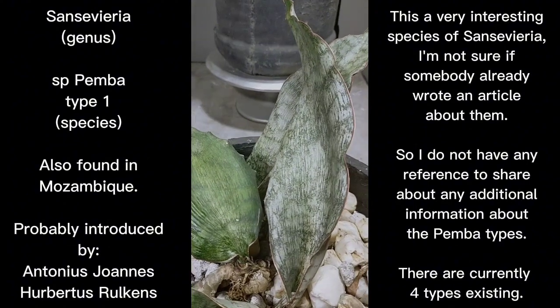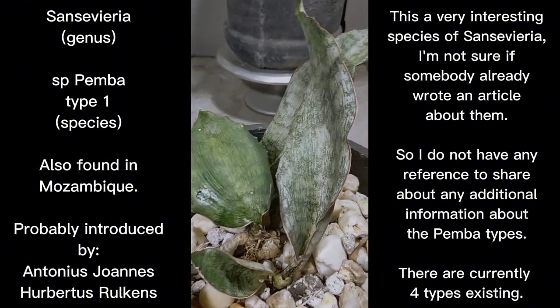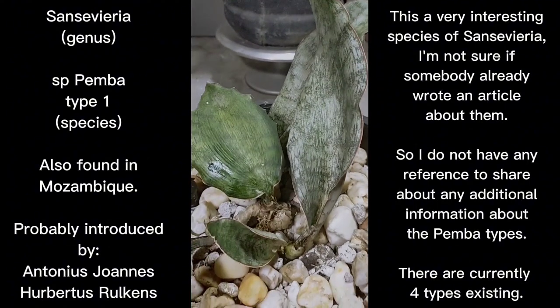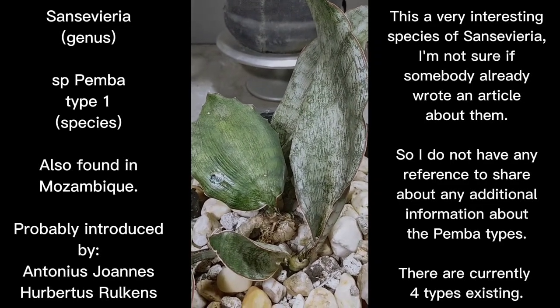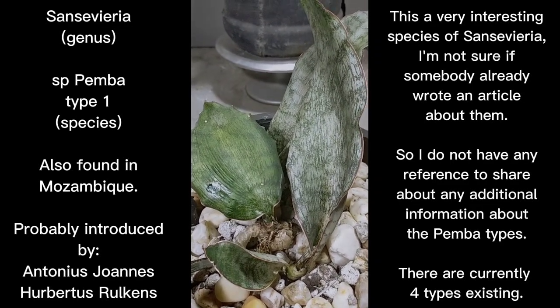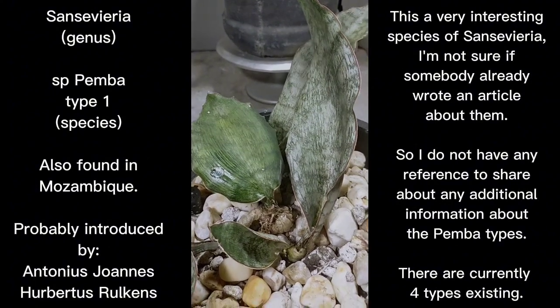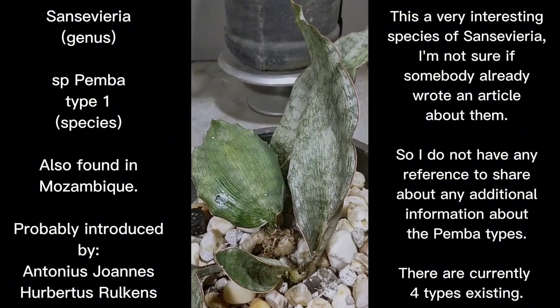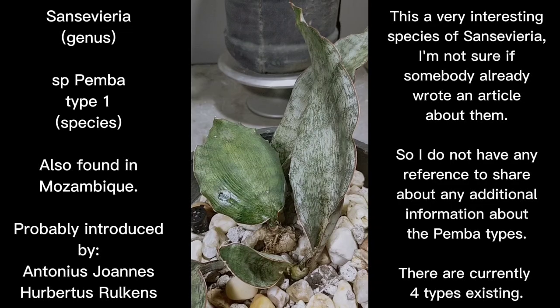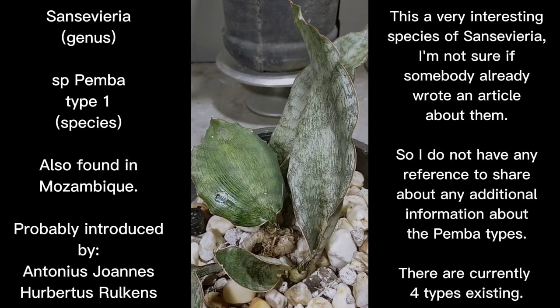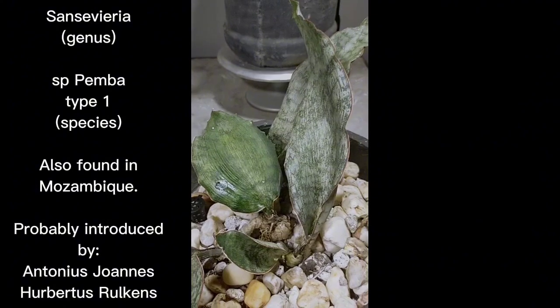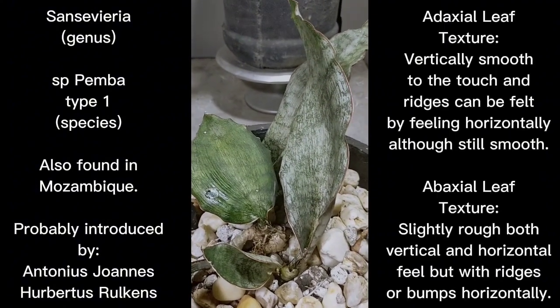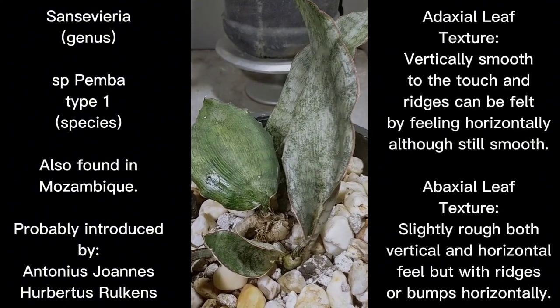There could be other species of Sansevierias found in Pemba, but these are the ones that are quite famous for how they look. They're very beautiful in my opinion, and have very interesting characteristics, as we will discuss later in this episode.